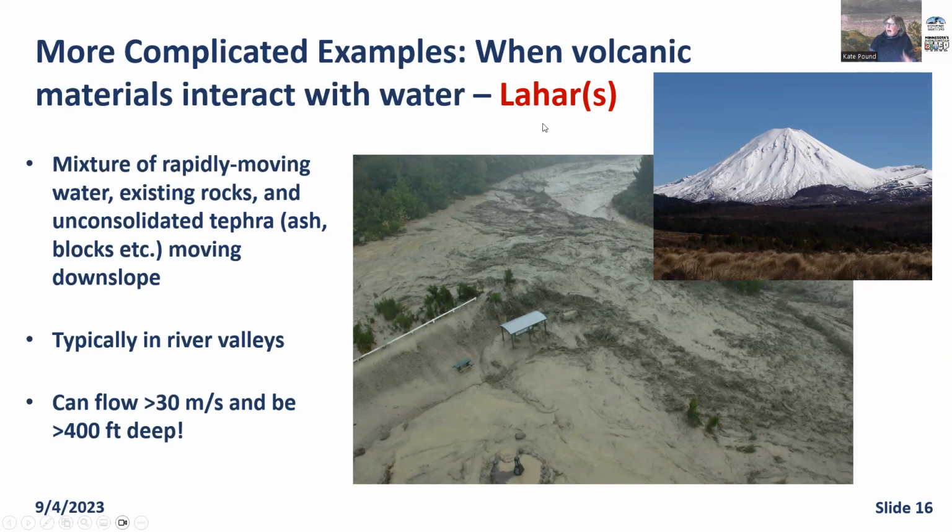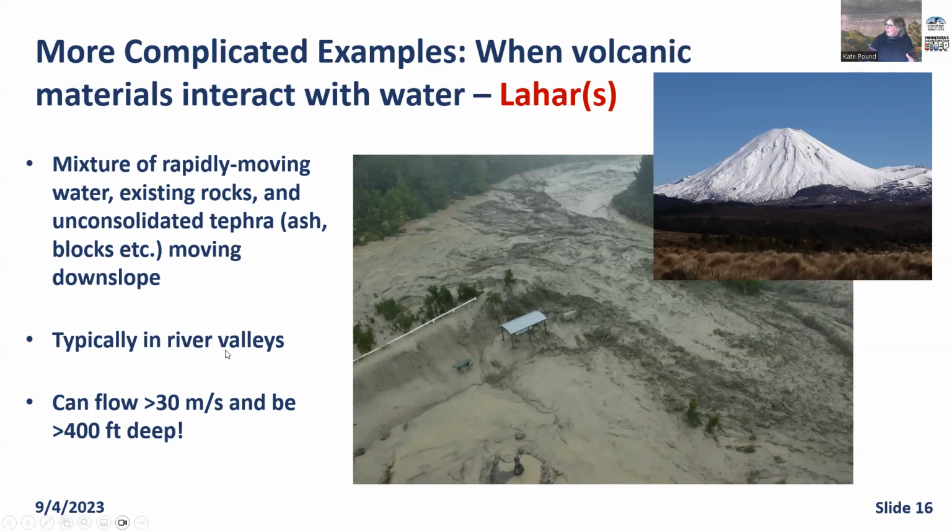So these lahars are really quickly moving, absolutely devastating. They will usually form in river valleys because anything that involves water will be moving downslope.